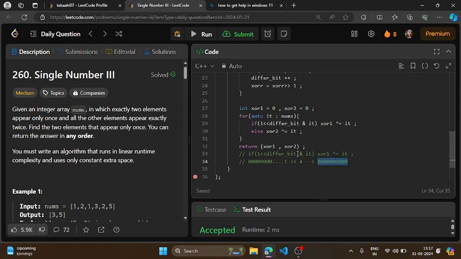And now if I'm taking AND with some number, say 7, I will get whether the bit at the fourth position in 7 is 0 or 1, right? So this was the way of finding whether the bit at the ith position in a particular element is set or not, and on the basis of that we divide them into two groups.